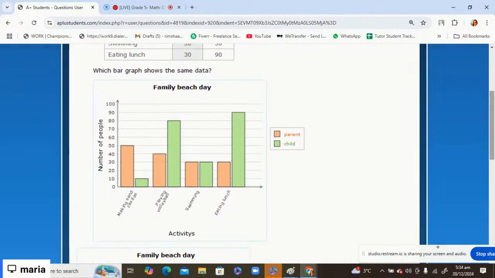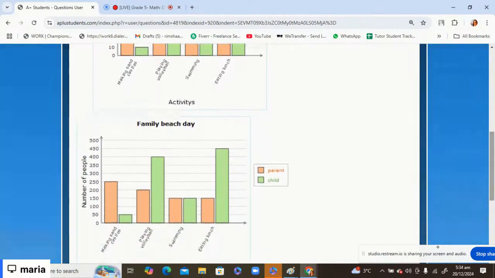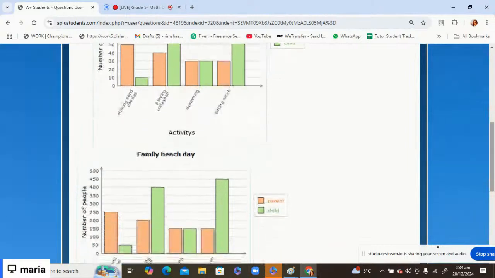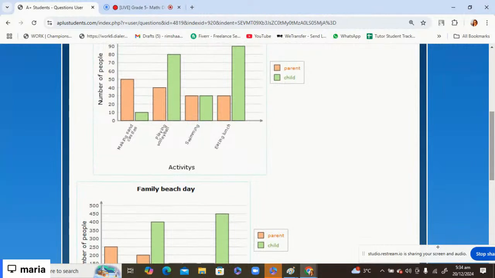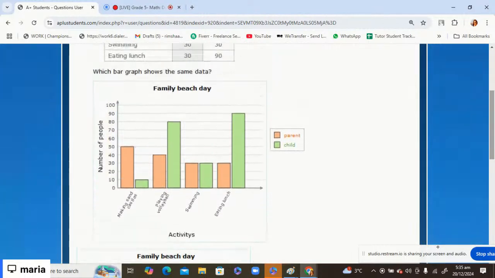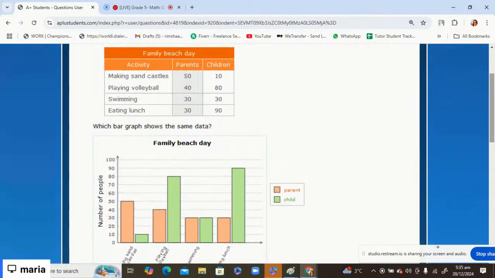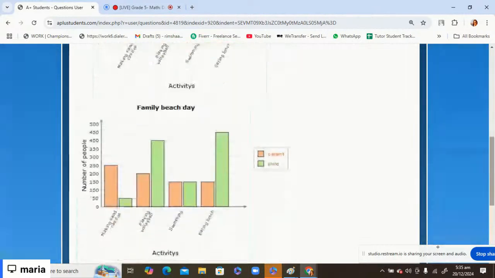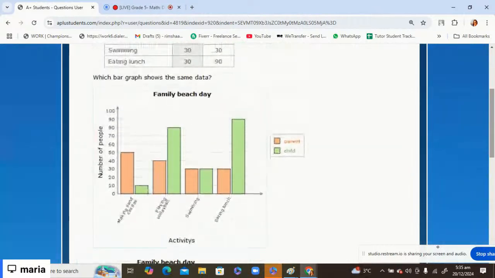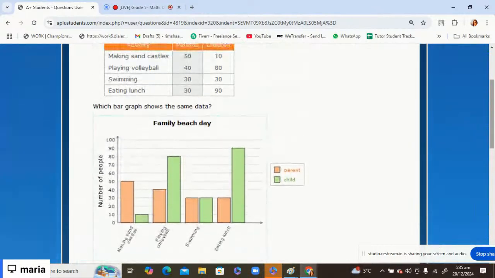This is the data, and these are the two graphs. First, you check the activities as well as the number of people. In the first one it's 0 to 100, but in the second one they are choosing 100, 200, 300, 400.